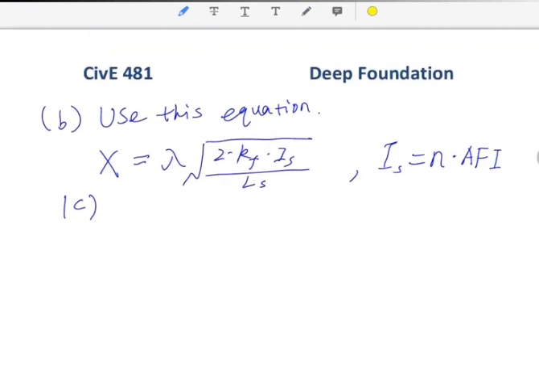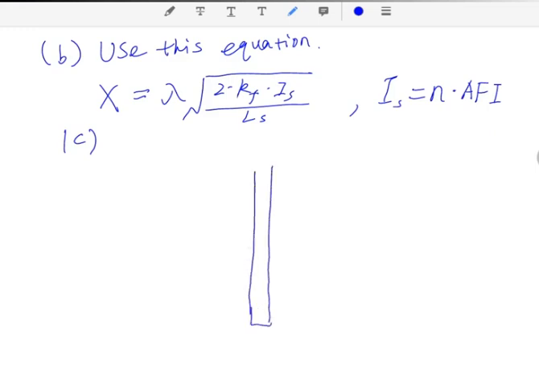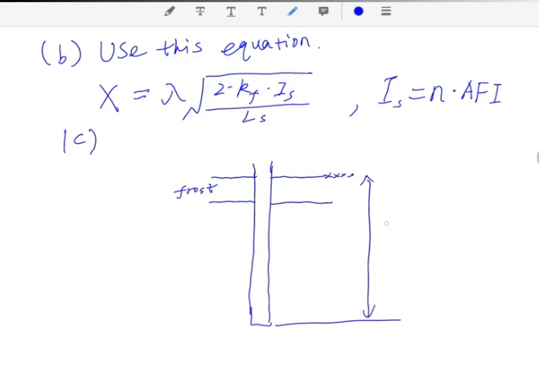And then part C, determine the factor of safety of this given pile against the frost heave uplift force you calculated from part A and part B. Say this is the frost and this is the ground surface, and your entire pile length is 12 meters.